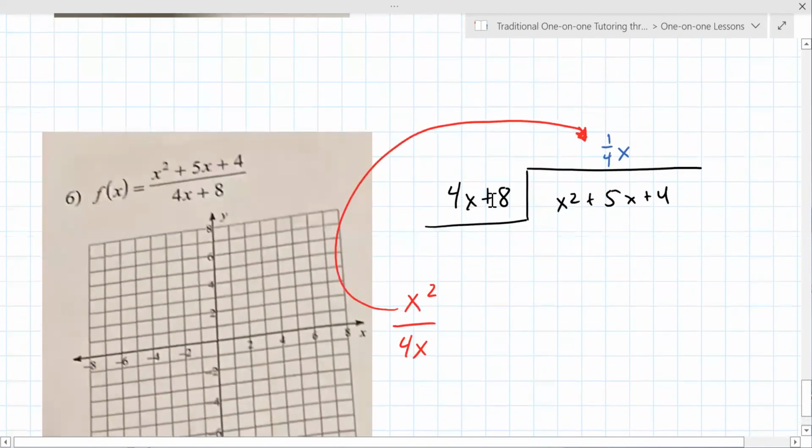All right, so now why don't you keep going here, see if you can give me the next number here. Would be +2. Yeah, let's give this a try. So it's x squared plus 2x. You subtract or change the signs, that ends up being 3x. Okay, so to figure out what goes up here, it's 3x over 4x.